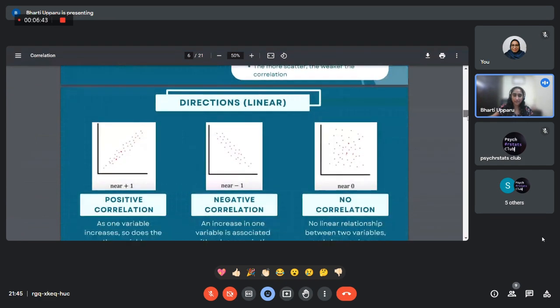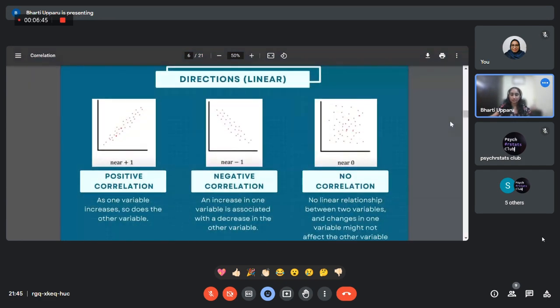There's also something called directions, and this is only for linear relationships. Correlation is only for linear relationships. There are mostly three types in the broadest classification. One is a positive correlation, denoted by a plus sign. The other is a negative correlation, denoted by a minus.